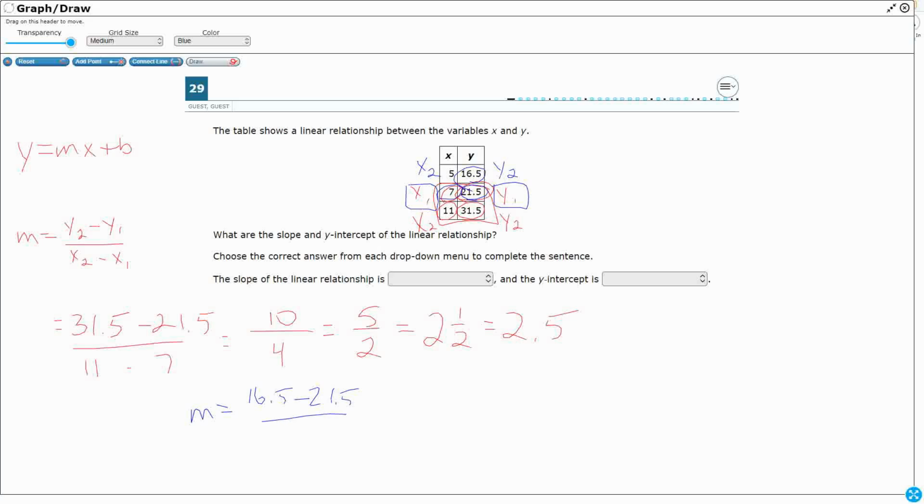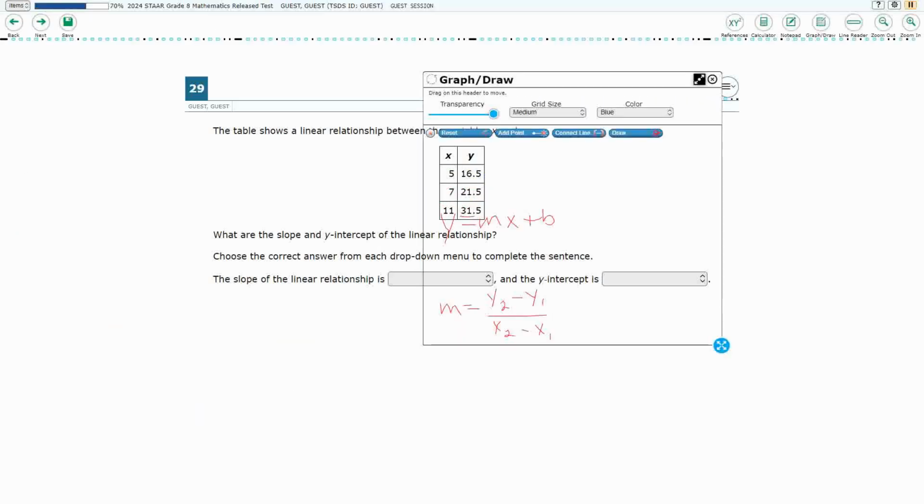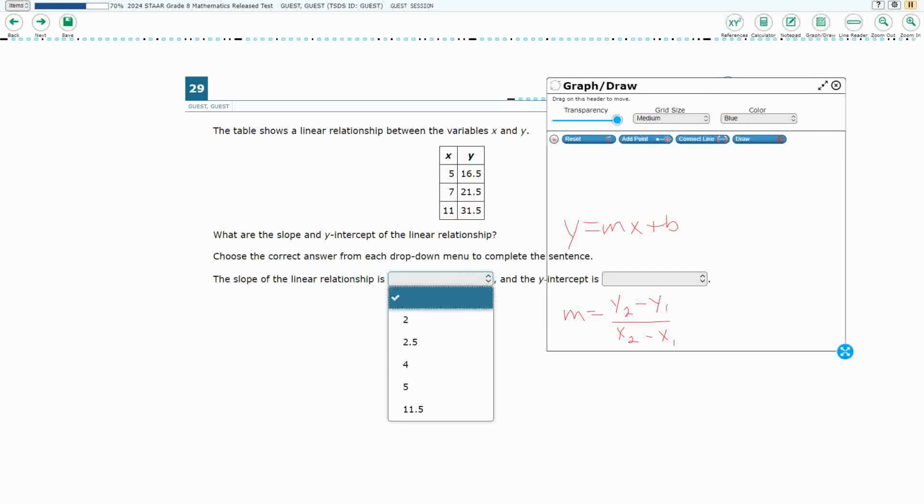And then we've got this x sub 2, 5 minus 7. So you end up with negatives, but that's fine. It's going to be negative 2 on the bottom. That's going to be negative 5. Look at that, negative 5 halves. Same thing, because the two negatives end up making positives, and you end up with the same thing. So we're good on our slope. Let's see what version they want us to use. All right, decimal, so 2.5.